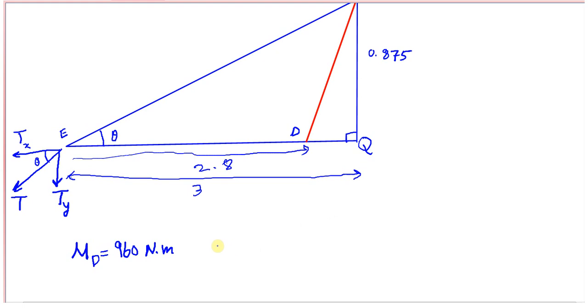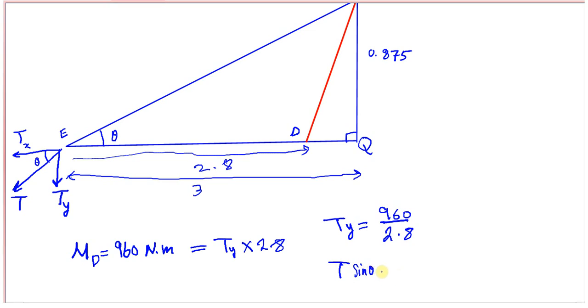So from here we know that M about D is 960 Newton meter, and it's equal to Ty times 2.8 meters. So Ty is equal to 960 over 2.8, and we know that Ty is equal to T sine theta.